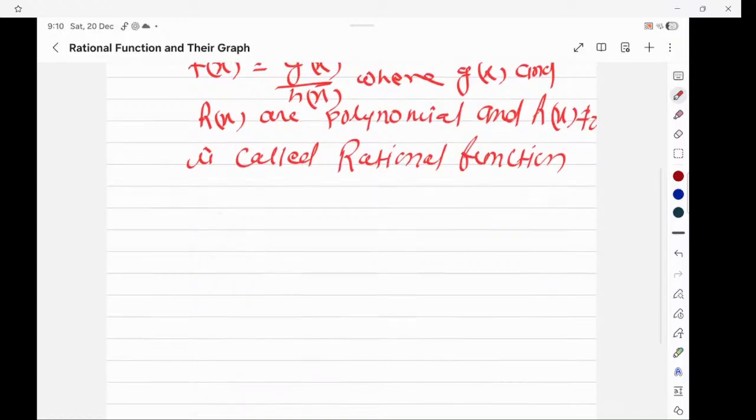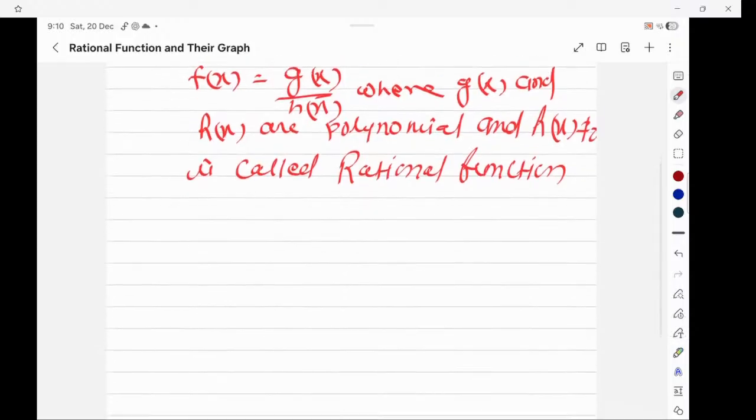So this is the definition of a rational function.